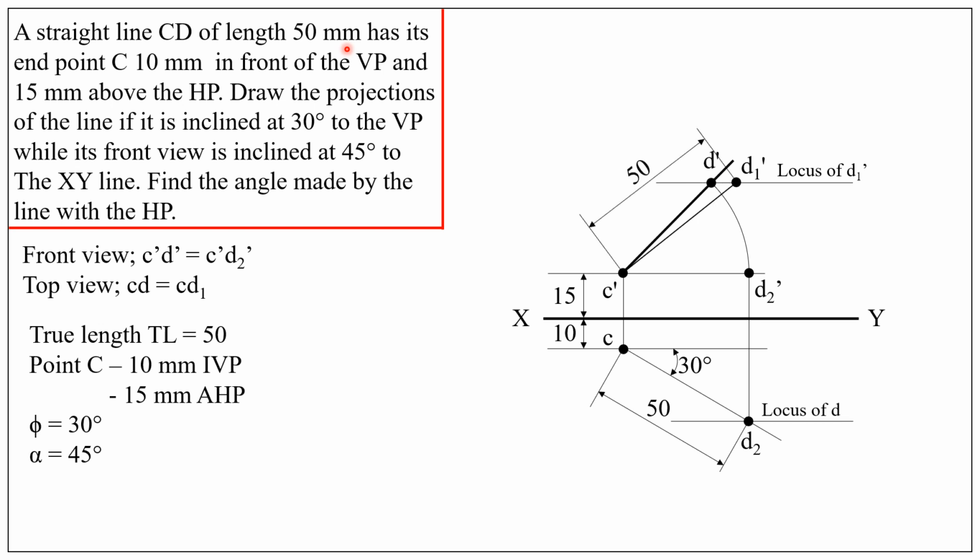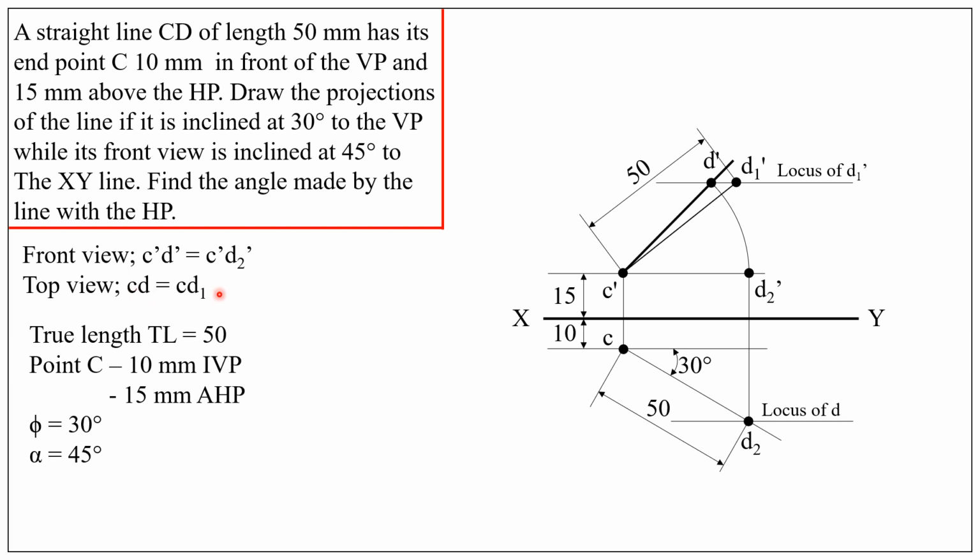And this length is equal to 50. And top view CD equals CD1. So C is here. Where is D1? If you are able to find D1, then we can complete our projection by drawing CD.